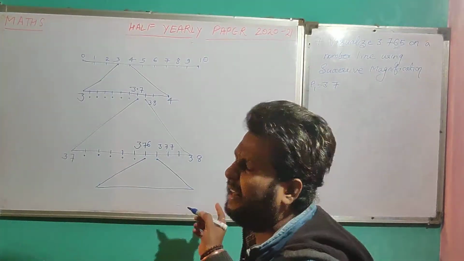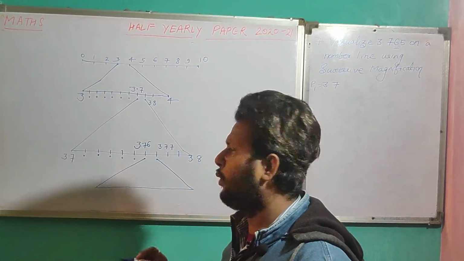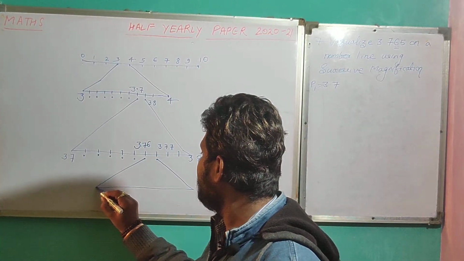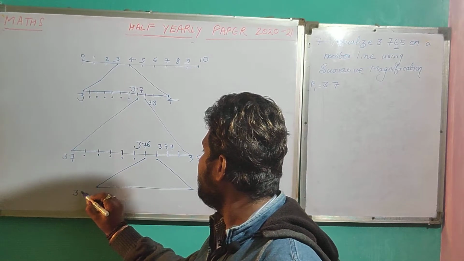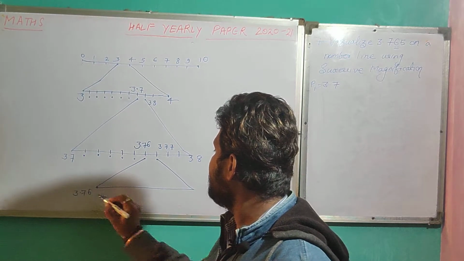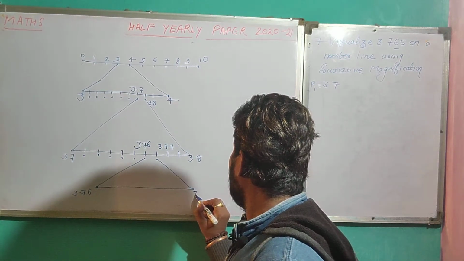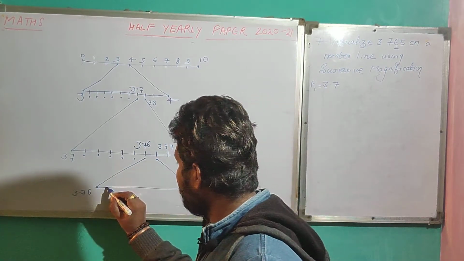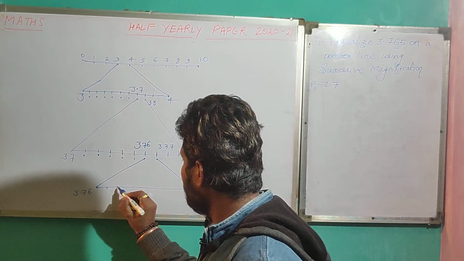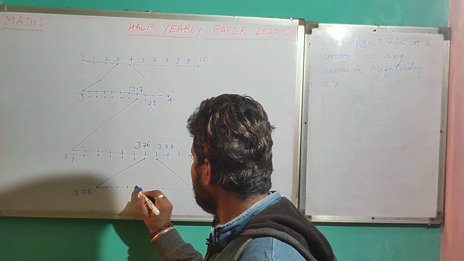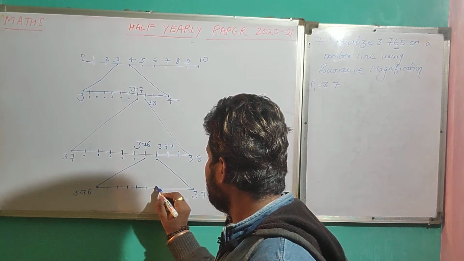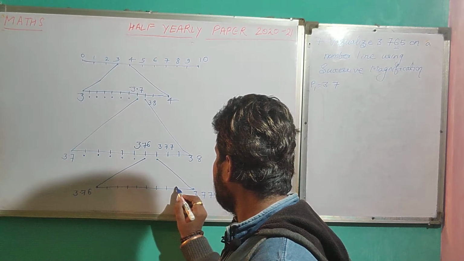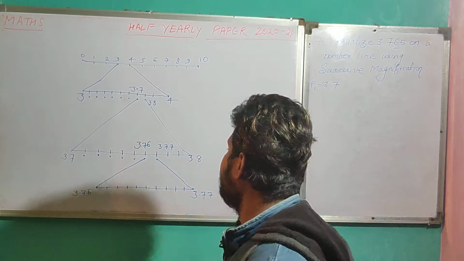Again divide this line into 10 equal parts. This point will be 3.76 and this is 3.77. So this is 1, 2, 3, 4, 5, 6, 7, 8, 9 and 10.